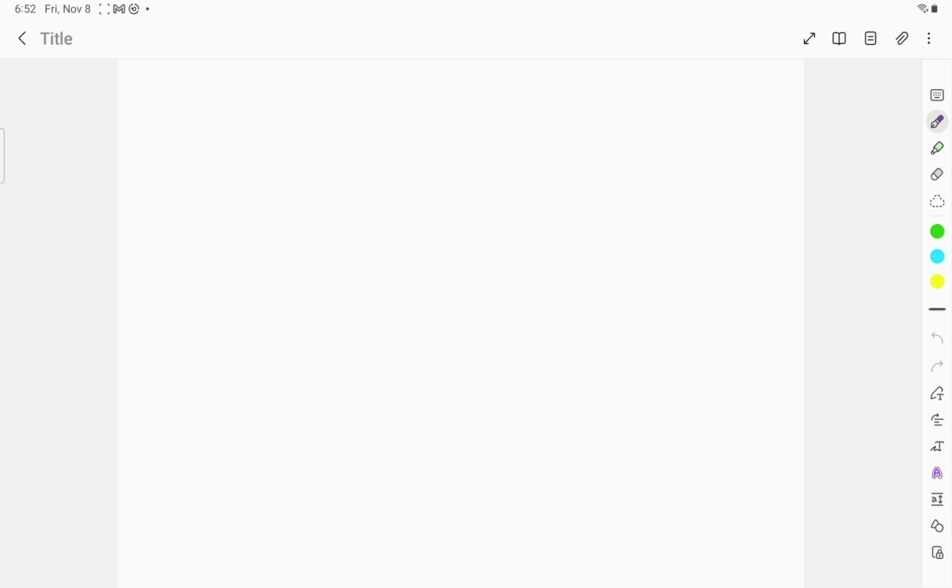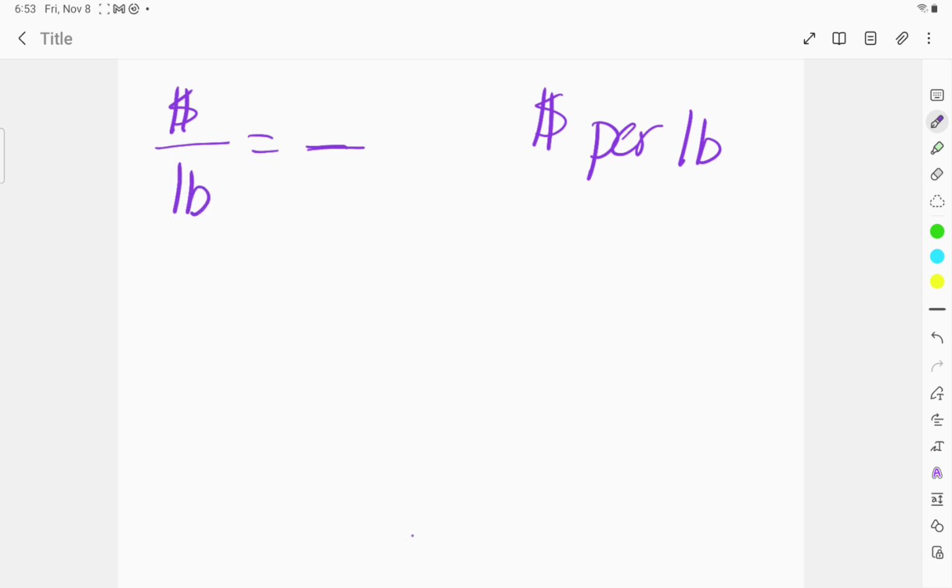So in your ratios, you have to make sure that you have one fraction equal another fraction. And if you're dealing with money per pound, like how much it costs per pound, if you put your dollar amount on the top and your pound on the bottom on the left side, then on the right side, your dollar amount has to be on top and your pound has to be on the bottom.